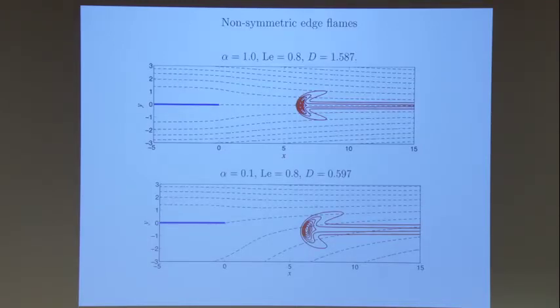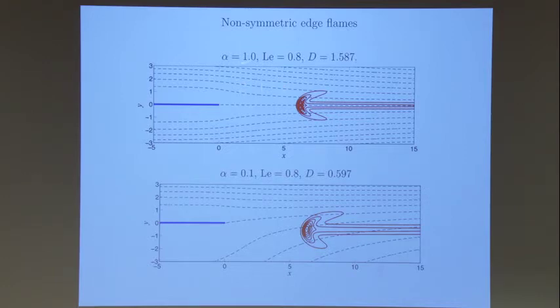This is just to show you two different edges, neither one is symmetric, okay? This one was for a situation where the flow is symmetric, but the edge, you see Lewis number is 0.8, so it's leaning a little off the symmetry line. No, that's not true what I'm saying.